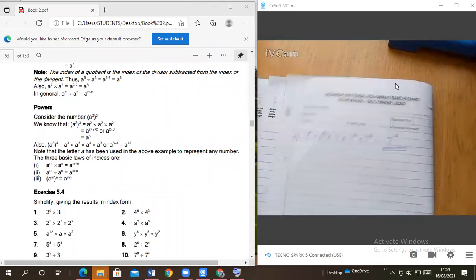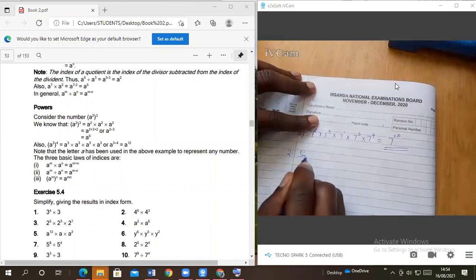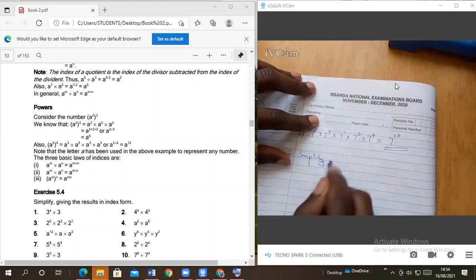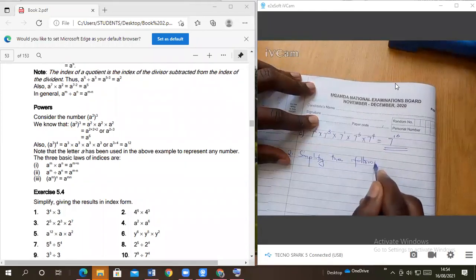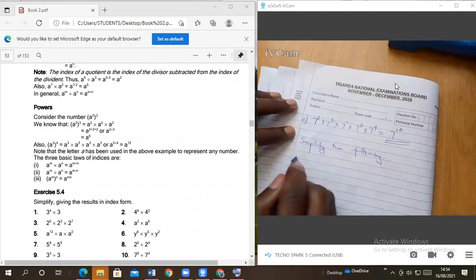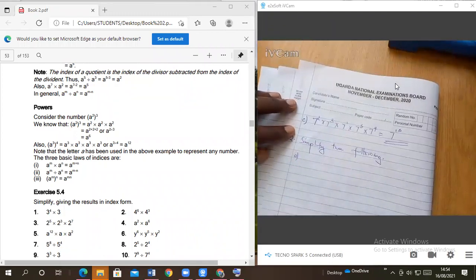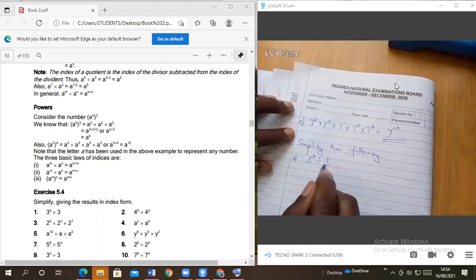Example number 2. Simplify the following. A, I have 3 to the power 5 divided by 3 to the power 3.